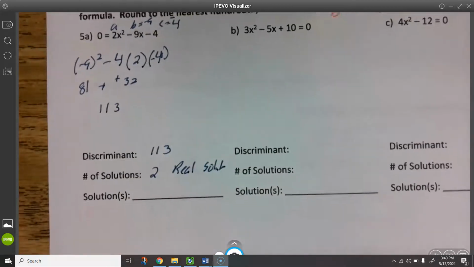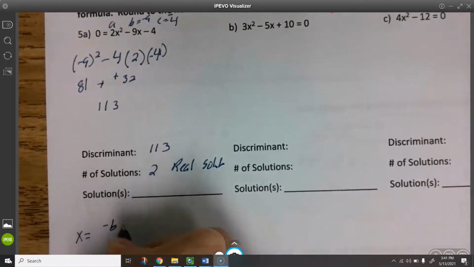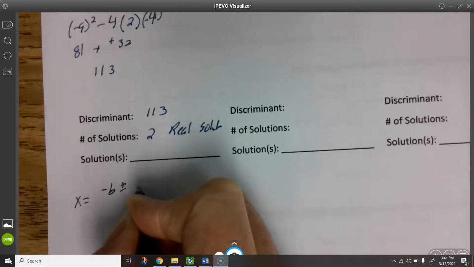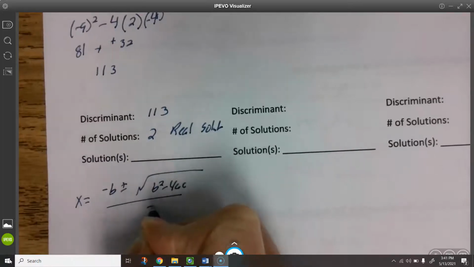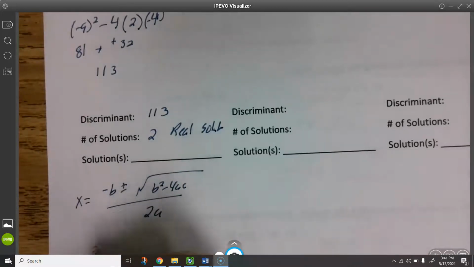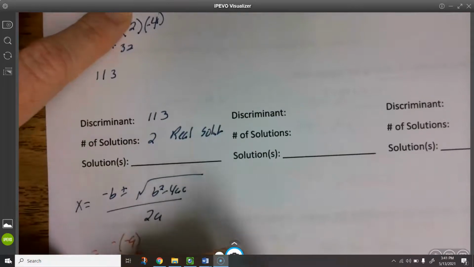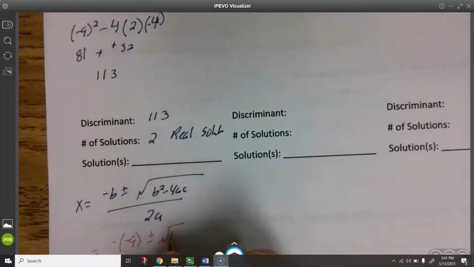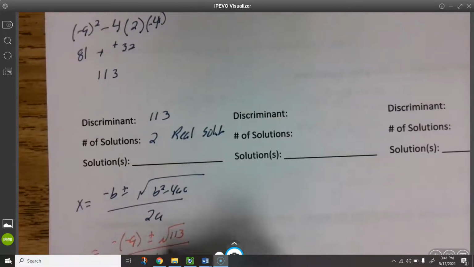Now I'm going to plug that in for the quadratic formula, okay? Quadratic formula, x equals negative b plus or minus the square root of b squared minus 4ac all over 2a. So here we go. But remember, we already have this. So negative b, negative 9, plus or minus the square root of 113 all over 2 times a.